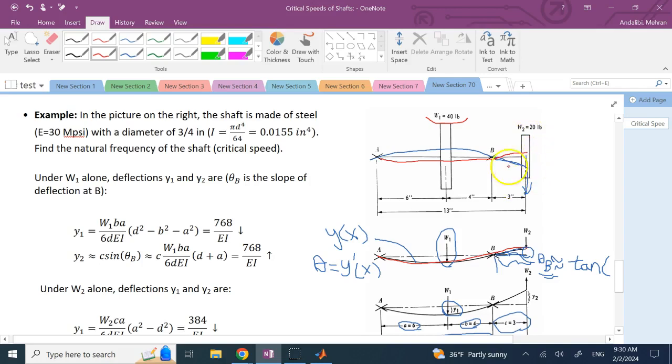Now, the effect of W2 is what, really? Let's take a look at the effect of W2. Since this guy is lifted upward, when it starts spinning, the centrifugal force of this disk is going to be upward.